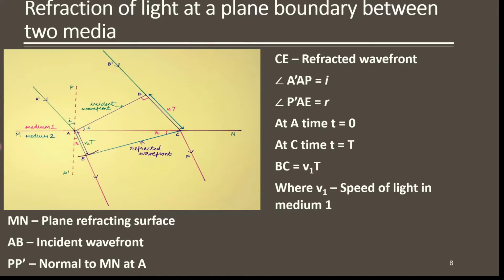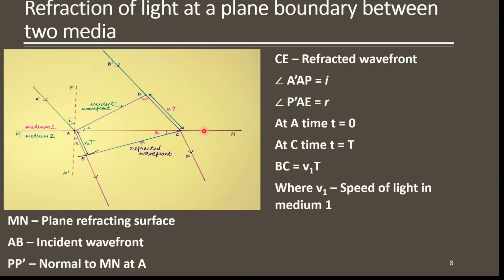We can draw arcs with each and every point on the surface AC. Different points along the incident wavefront reach the boundary surface successively between time t equal to 0 to t equal to t.